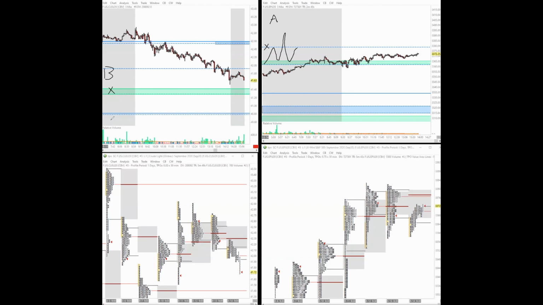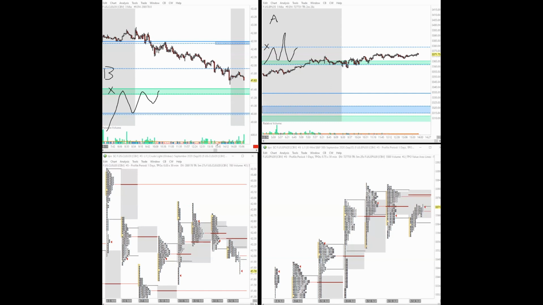If we come up to this level and we come back, and then maybe we come up into it again, and then maybe there's like some kind of weak little pullback down into here, and then we're coming up for that third test. Guess what?